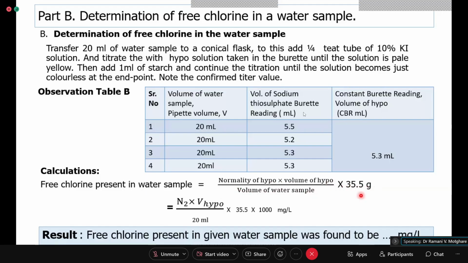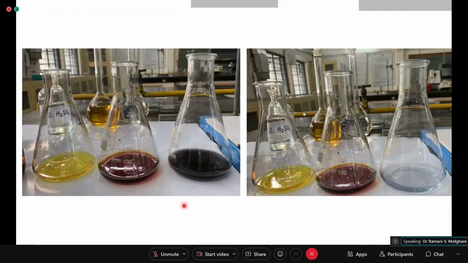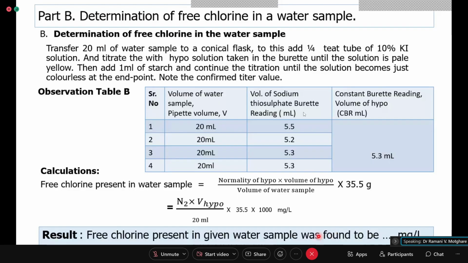The normality of hypo is something that you determined here, so this value N2 will come here, and volume of hypo is 5.3 ml divided by 20 ml into 35.5. That will give you grams per liter. So you multiply it by 1000 to get milligrams per liter. Things are clear? Yes, ma'am.